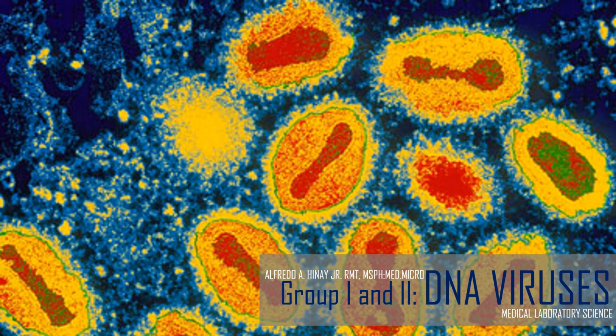And then, ito pala, class, is the characteristic of your pox virus. So if you can observe that one, okay, under your electron microscope. So we're done with your group 1 and group 2.